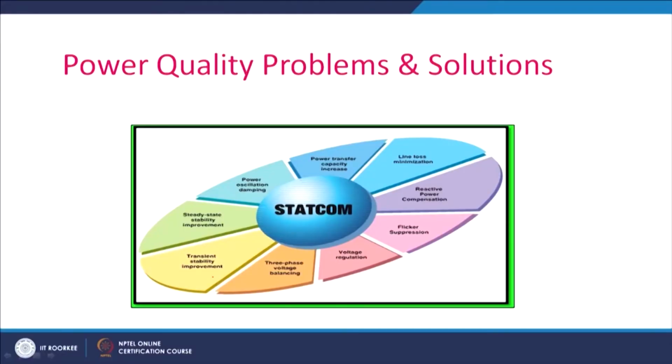Today is our last lecture, and we shall conclude the subject and briefly review what we have discussed in all those 39 lectures. Power quality has many problems, including transient stability, and you know that the STATCOM, a FACTS device, can give a solution to all those problems: power quality, transfer capacity, and oscillation damping.